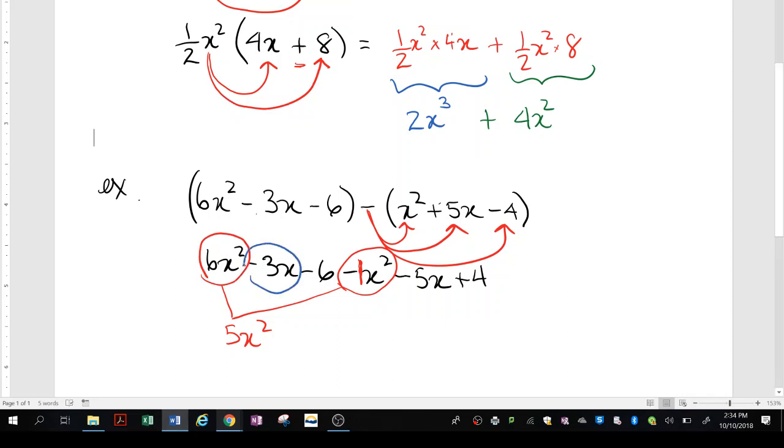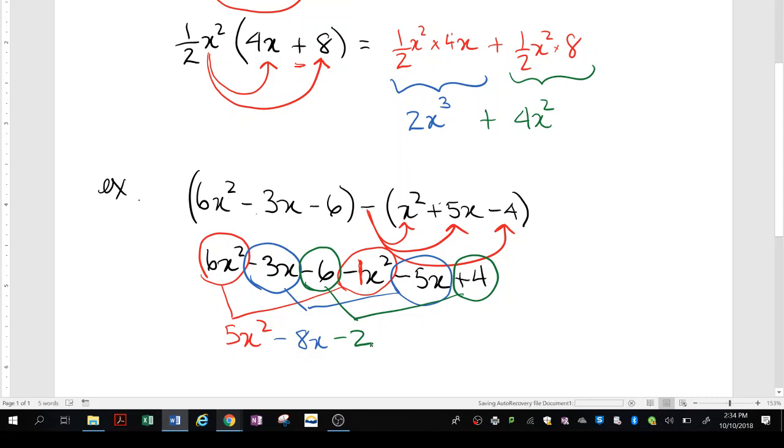Then we have a minus 3x minus 5x, and that gives minus 8x. And lastly, we have minus 6 plus 4, and that gives us minus 2.